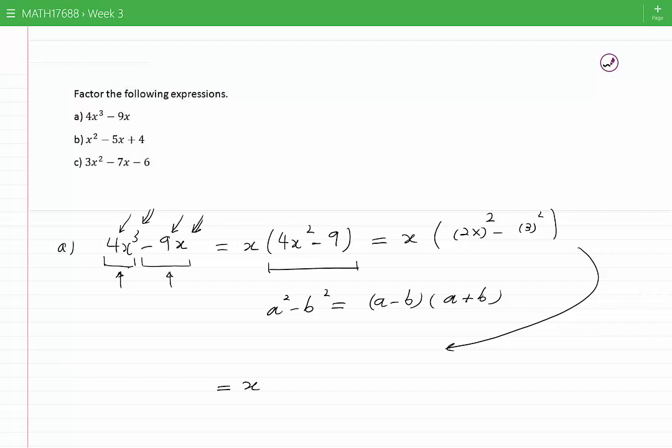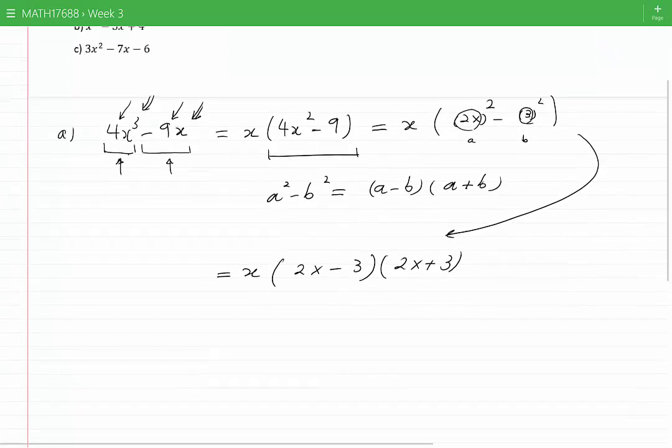Now, in our problem, you can think of 2x as a, and you can think of 3 as b. If you do that, you can write the expression as (2x minus 3), which is a minus b, times (2x plus 3), which is a plus b.